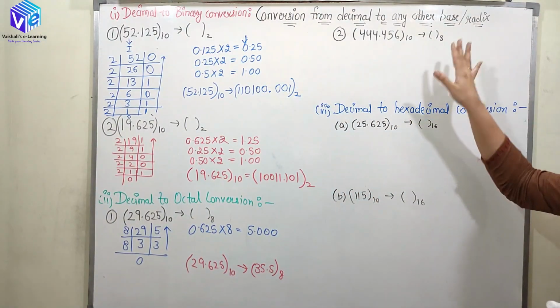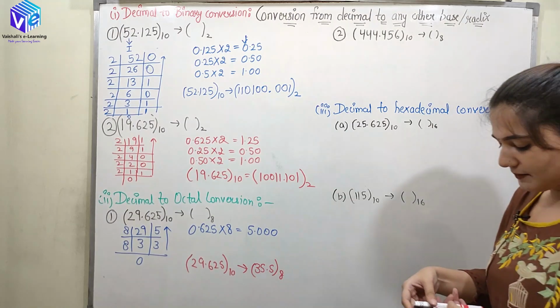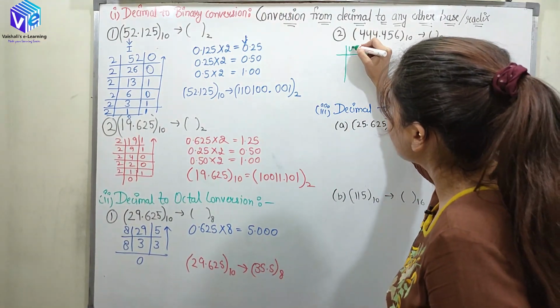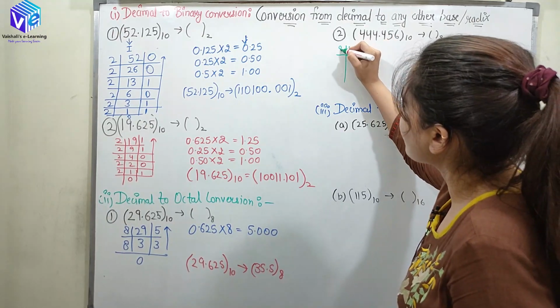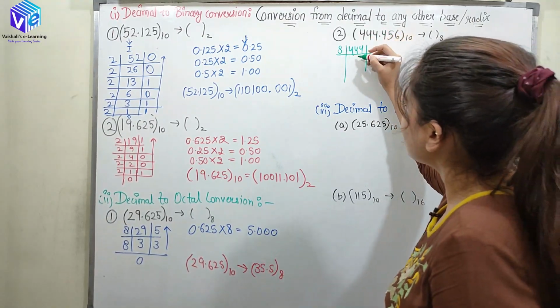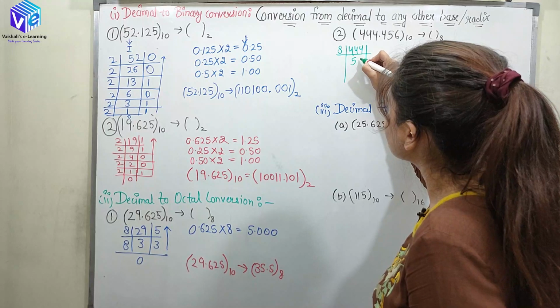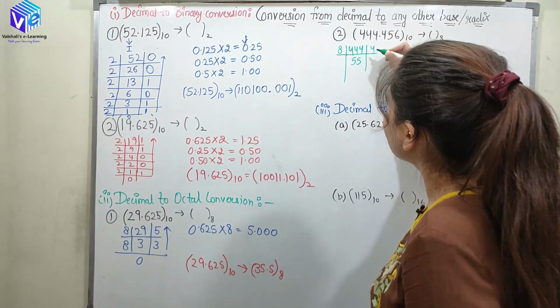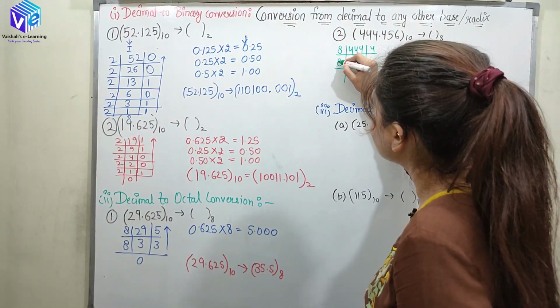Again we have one more example for the decimal to octal conversion. First of all I have the integer part, which is 444. We have to divide it by 8, and we get the quotient as 55, and the remainder comes out to be 4, right? Again I divide by 8.